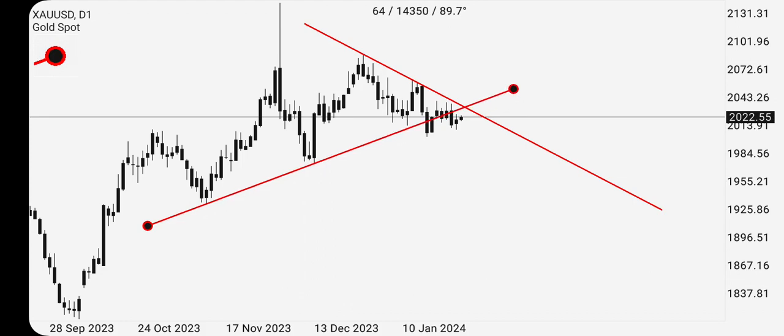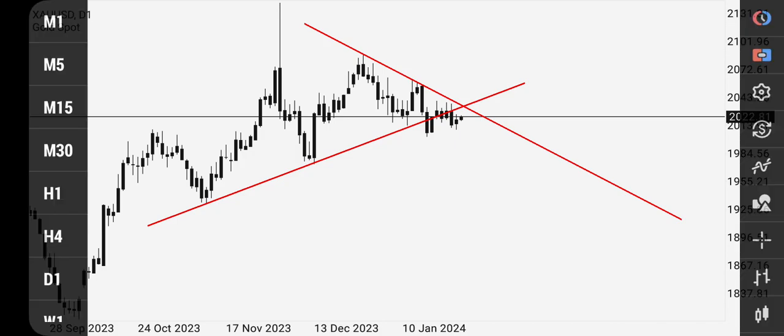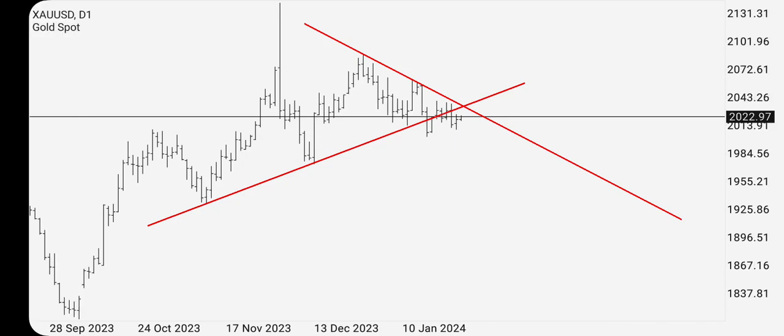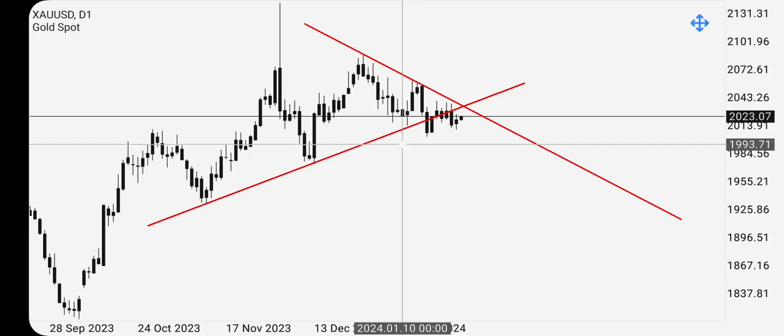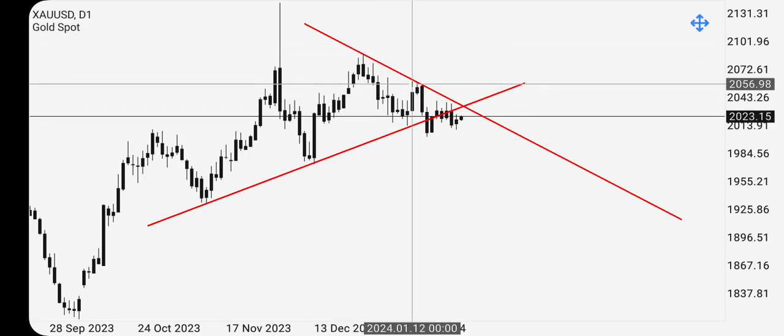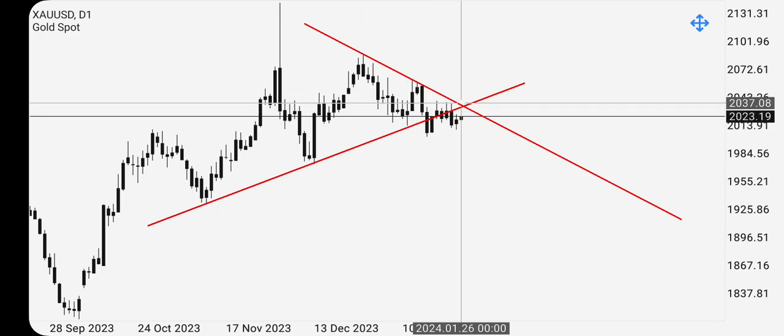The wicks can touch, and here also the wicks can touch. So I've seen now the wicks are touching with point one, point two, and here it's almost touching at three.